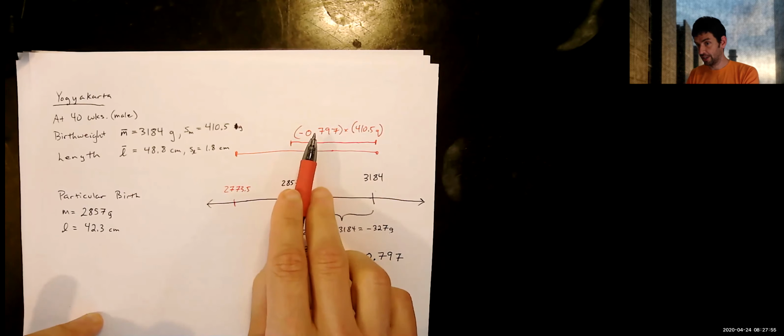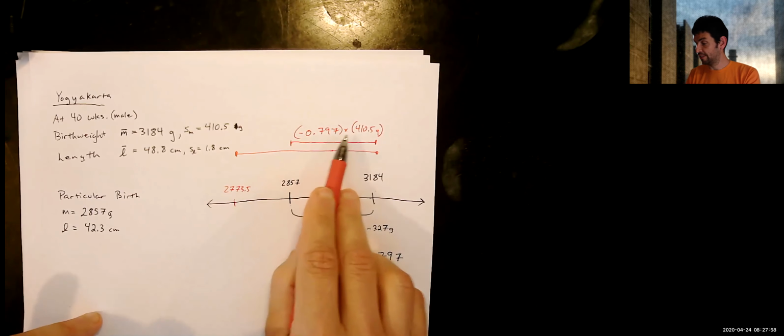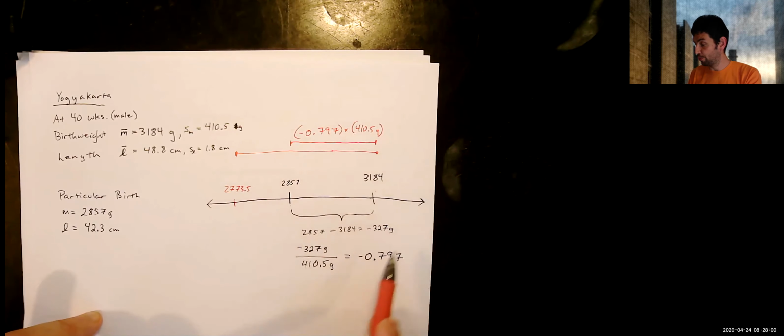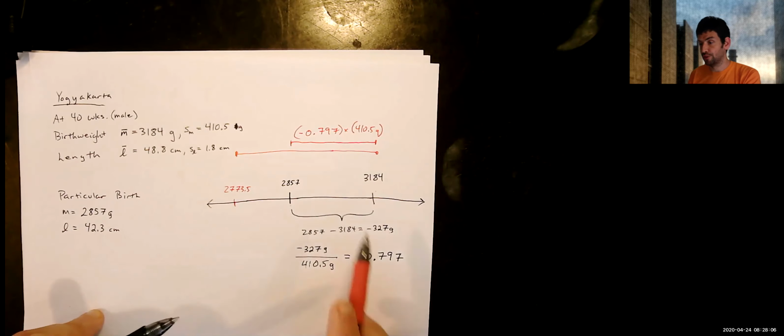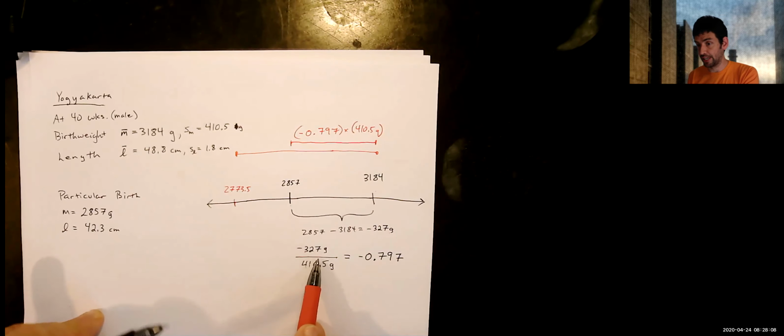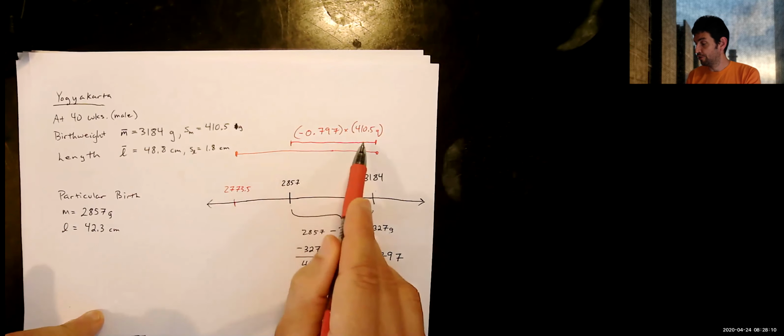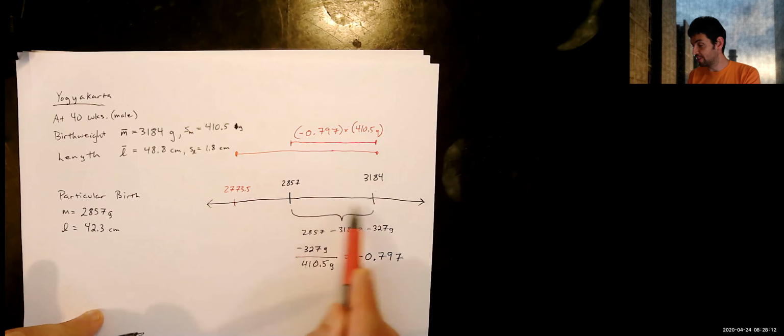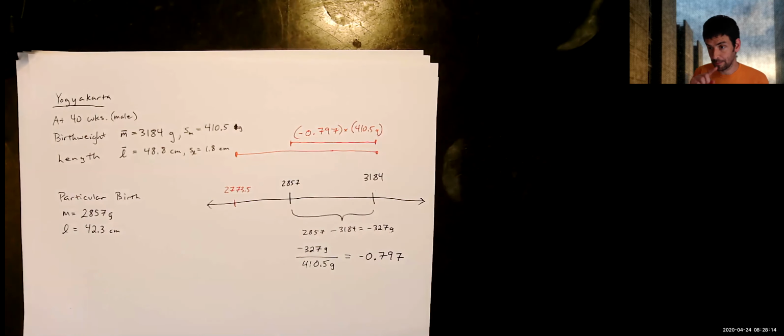All right, if you take negative 0.797 and multiply it by 410.5, you're going to get negative 327 grams. I rounded, so it's off a little bit because of the rounding, but essentially you get back this number. So that's how many standard deviations this distance represents.